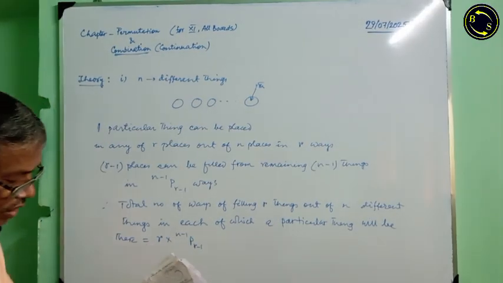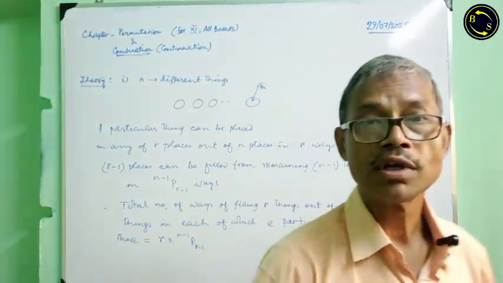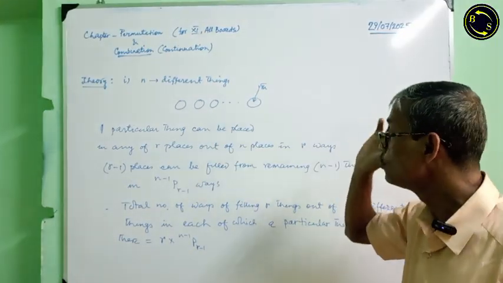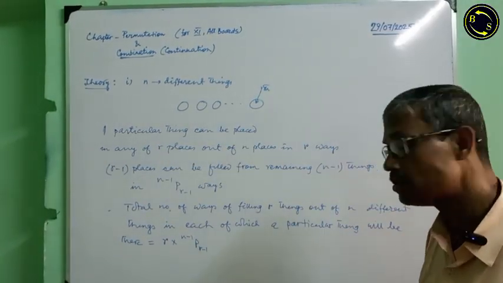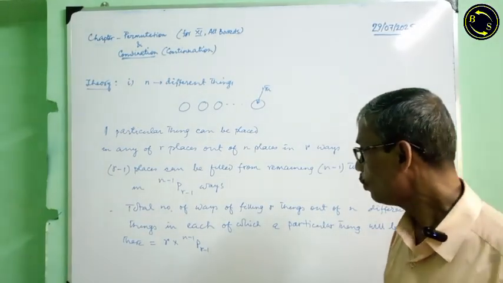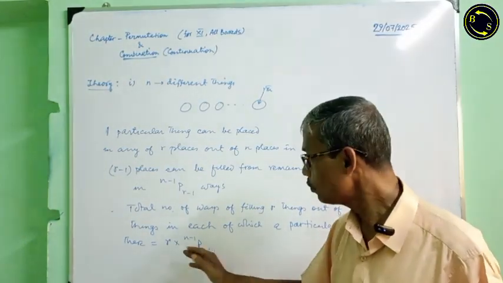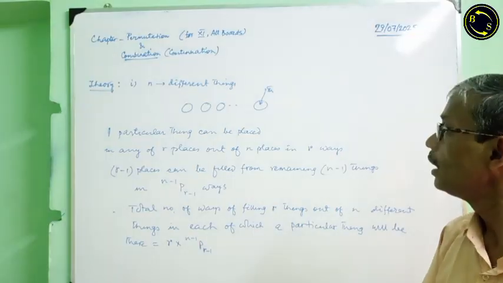Follow this. One particular thing is to be taken in every arrangement, while we are taking r things out of n different things.